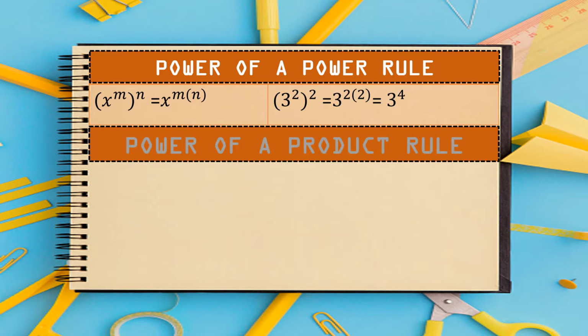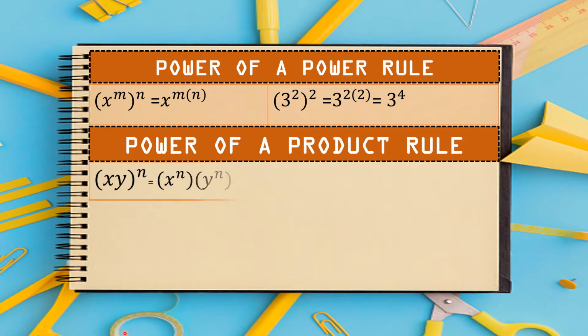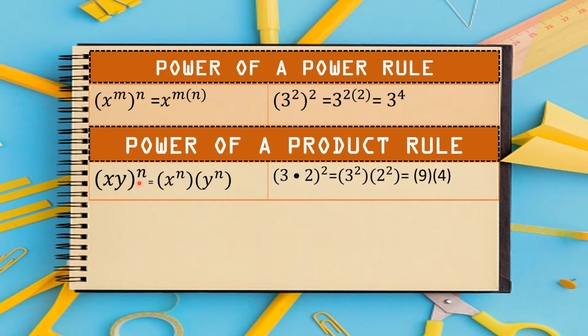Next, the power of a product rule. It says that when x multiplied by y is raised to n, it is equivalent to x raised to n multiplied by y raised to n. Here, distribute powers to each base when raising several variables by a power.